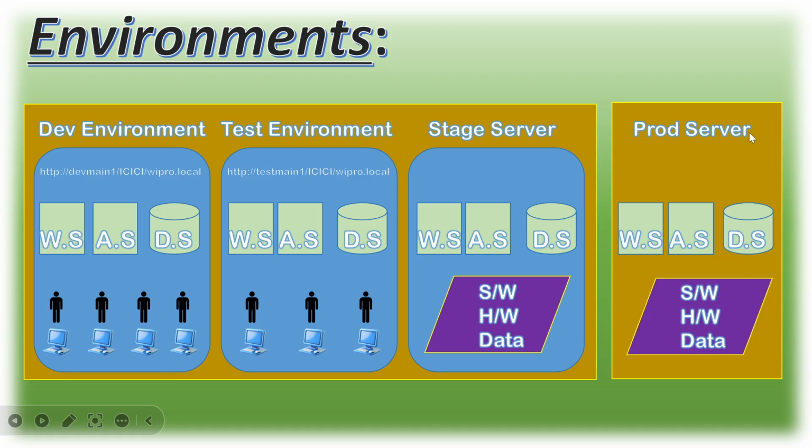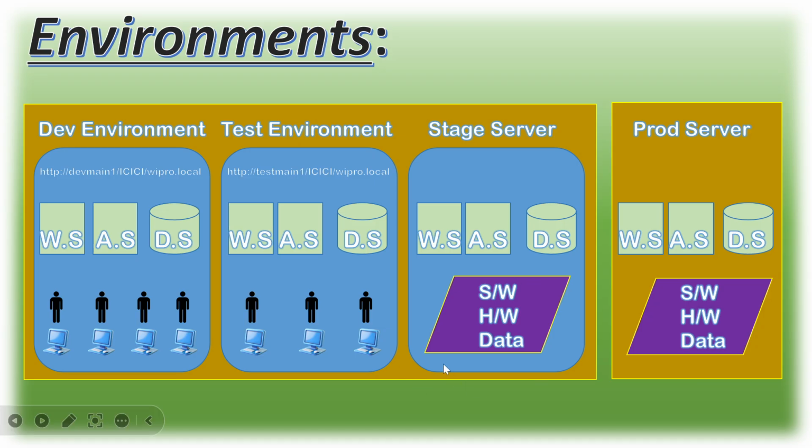It should always be secured since the real users' data is stored in this server. For example, suppose this is the ICICI bank server, that is the production server, and crores of data can be stored in that production server.